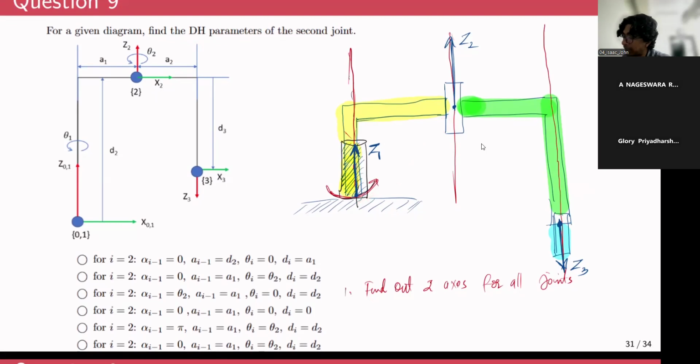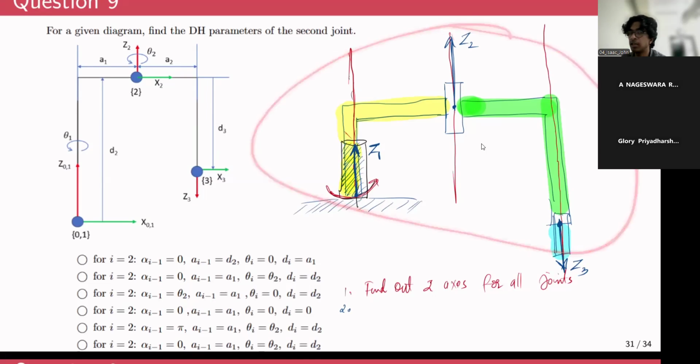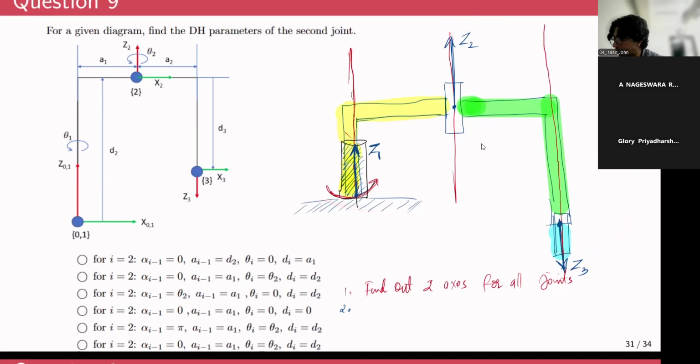Or you can relate frame 1 to frame 2 just by using 4 DH parameters. So the first step is to find out the z-axis of all the joints. Now the second step would be to find out the x-axis. Once we have identified all the z-axes, the second step is to identify the x-axis.